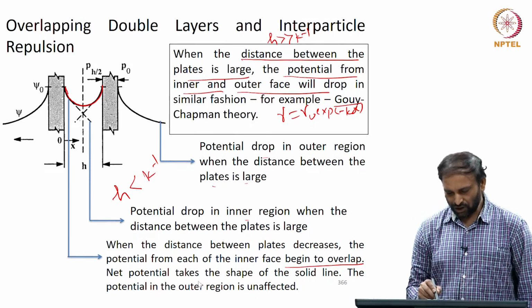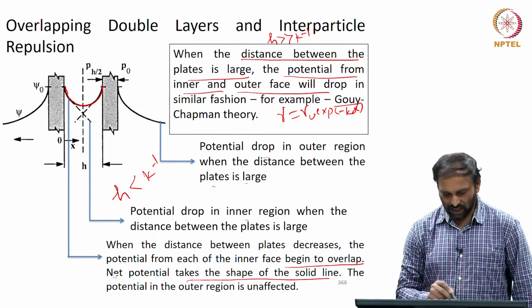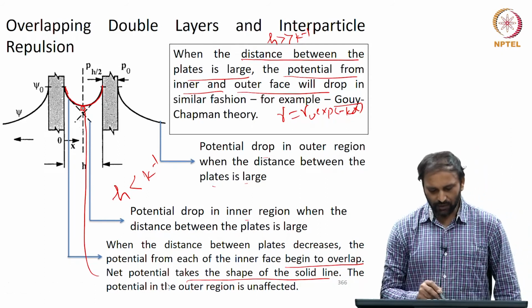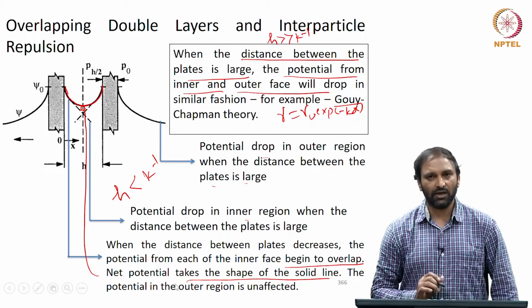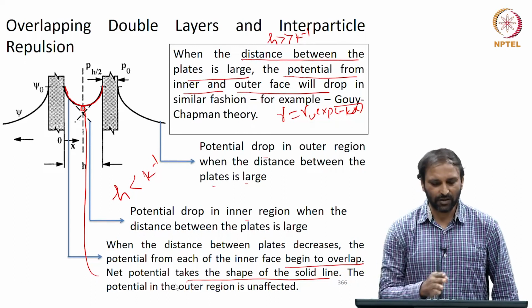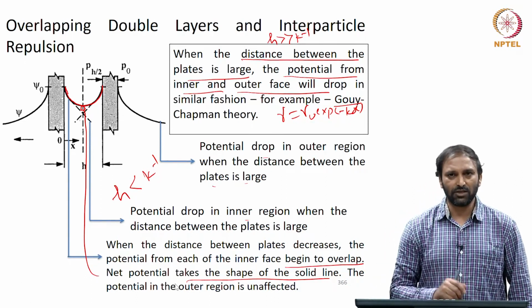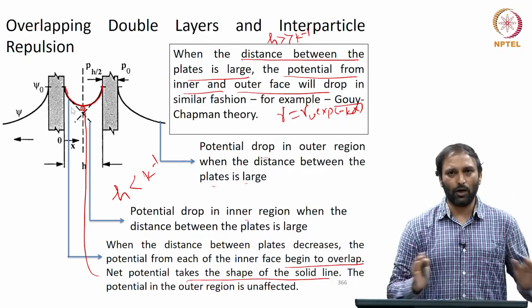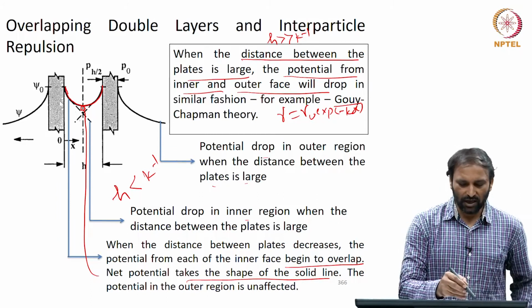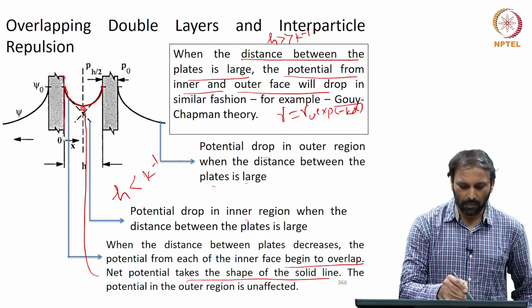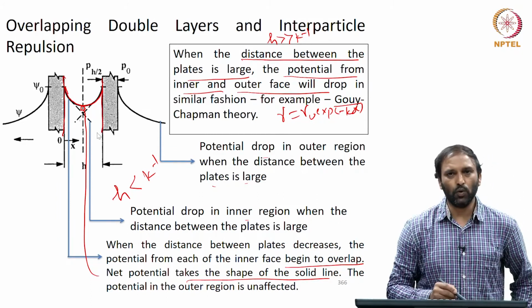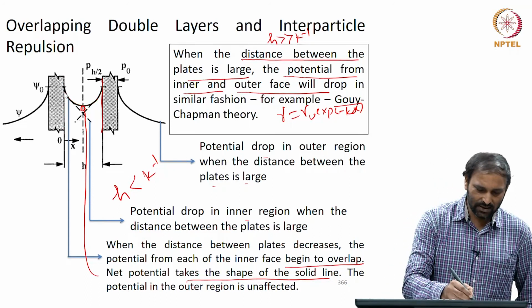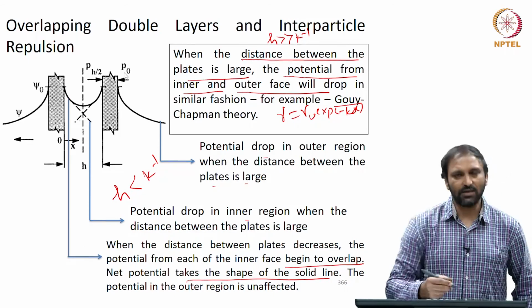The net potential takes the shape of the solid line shown here. However, the potential in the outer region remains unaffected, because in the outer region the potential is influenced only by the outer face. Because of the overlap, the inner faces of both particle 1 and particle 2 will influence how the potential varies within the gap, and that is captured by this solid line.